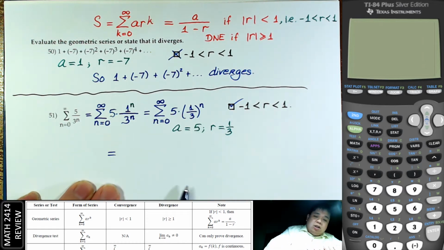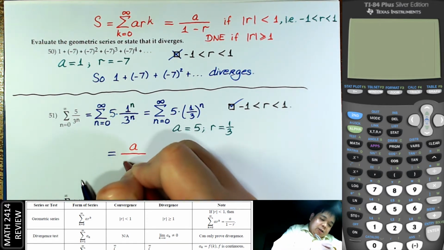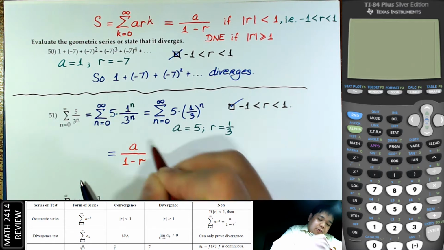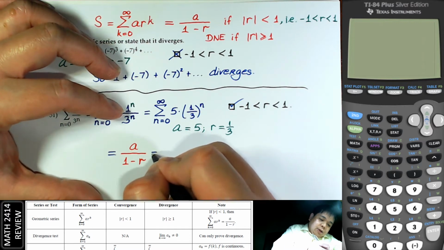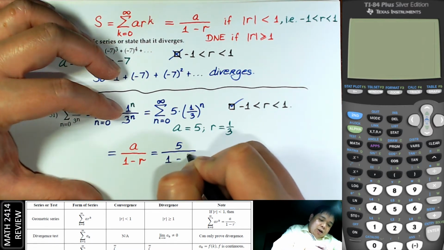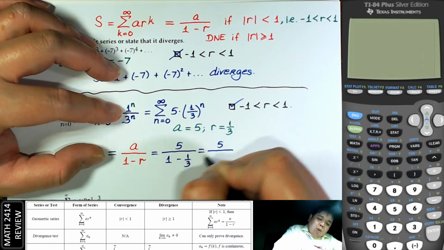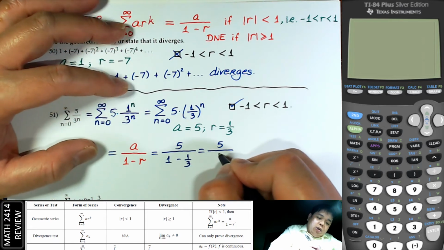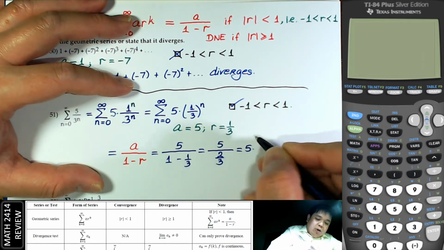So the formula is just equal to a over 1 minus r. So 5 over 1 minus 1/3. 1 minus 1 over 3 is 2 over 3. Dividing a fraction is multiplying by the reciprocal.